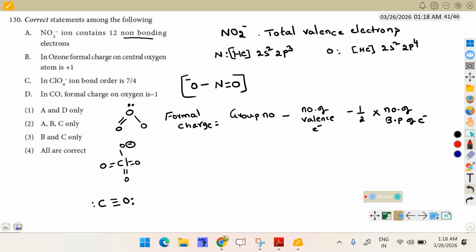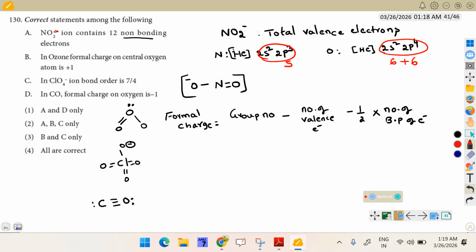Correct statement among the following: NO2 minus ion contains 12 non-bonding electrons. First of all, calculate the total number of valence electrons. Nitrogen contains 5 valence electrons. Oxygen contains 6 valence electrons. The second oxygen also contains 6 valence electrons.